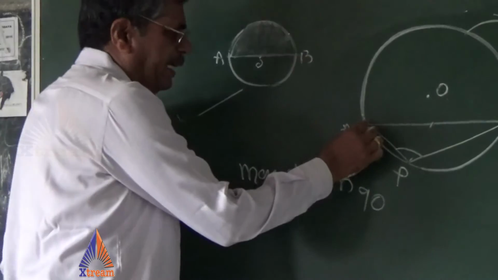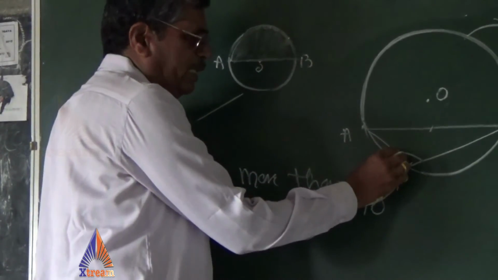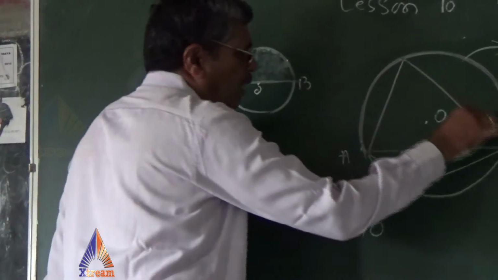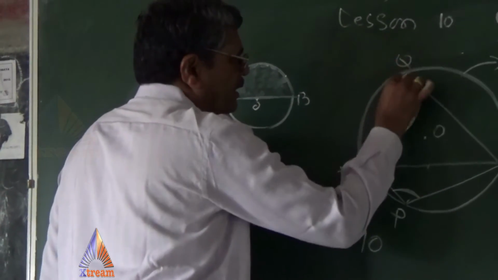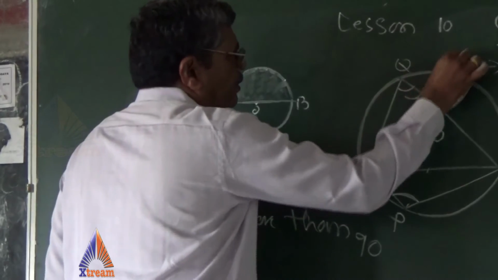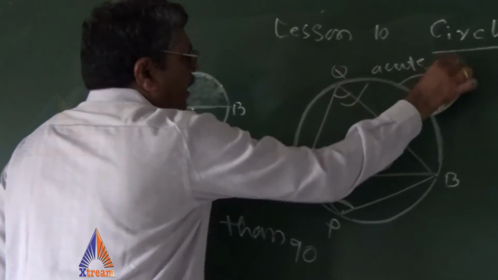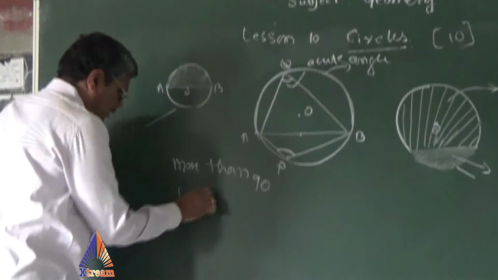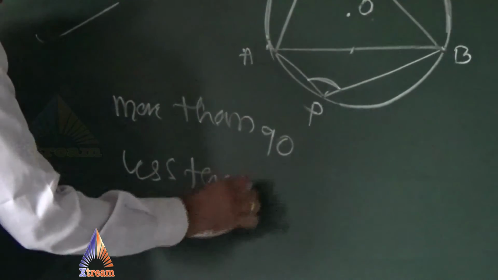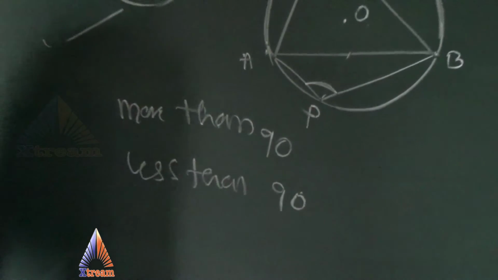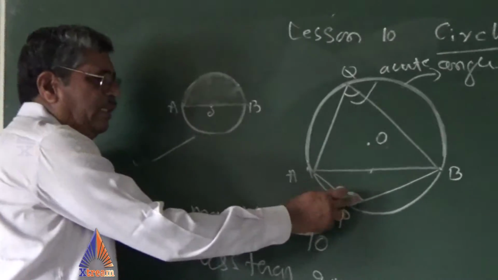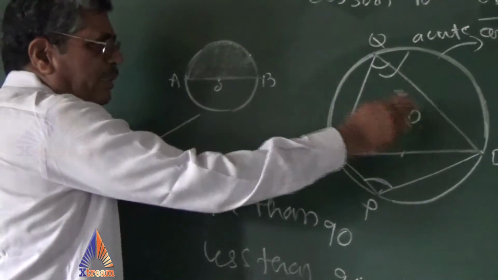So the angles in the minor segment are always obtuse angles. Angles in the major segment are always acute angles. Acute angle means less than 90 degrees.